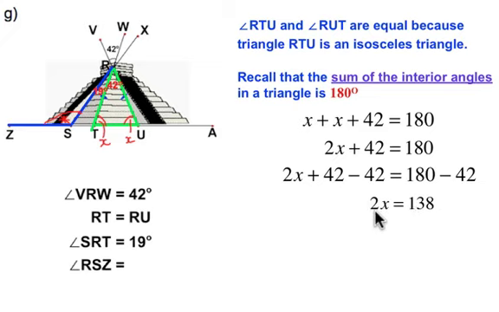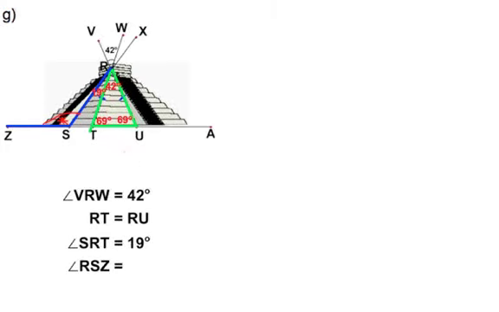Now to find out what x is, we use the opposite operation and divide both sides by 2, and we get x is equal to 69 degrees. And so now we can put that into our diagram. Now that we know that these two angles are equal to 69 degrees, we can figure out the measure of angle RTS.